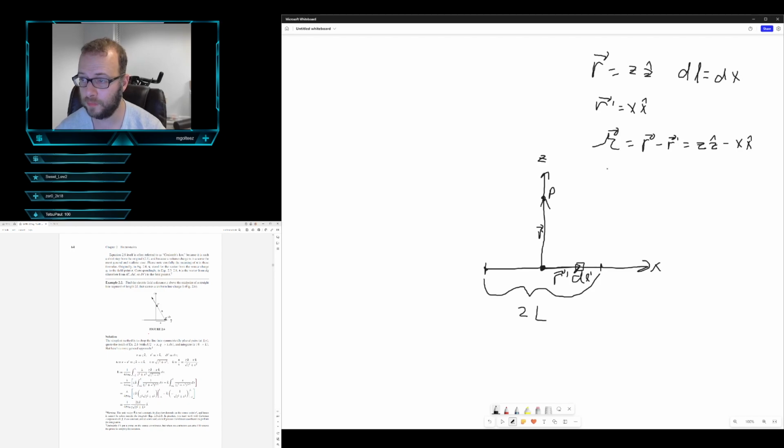The magnitude is simply square root of z squared plus x squared.